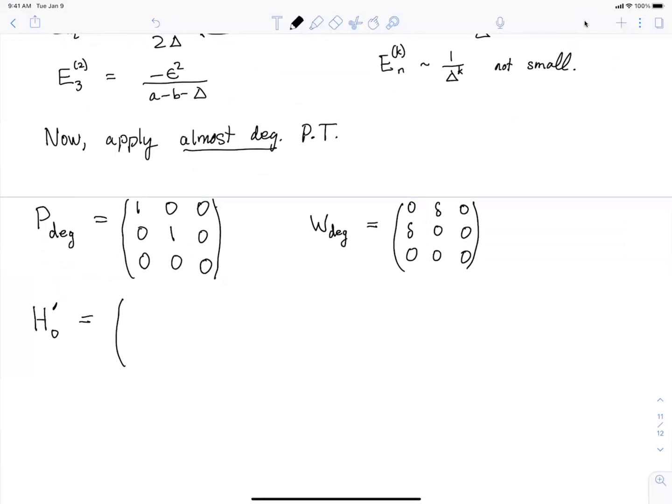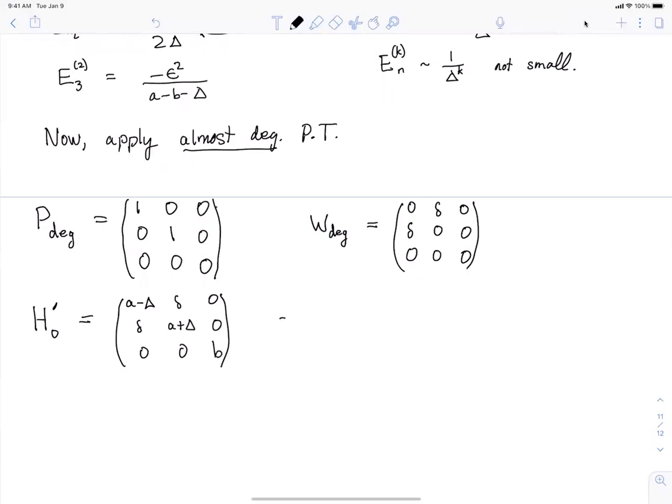Basically I take this thing and add it on to my original H0. So when we do that, we get A minus delta, little delta, A plus delta, and then 0, 0, 0, 0, B.